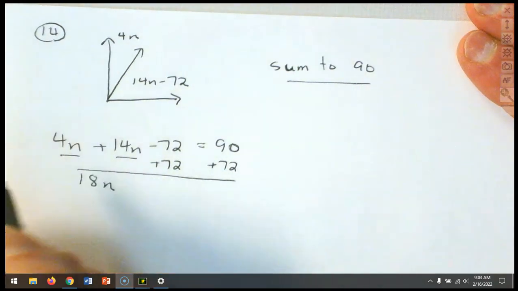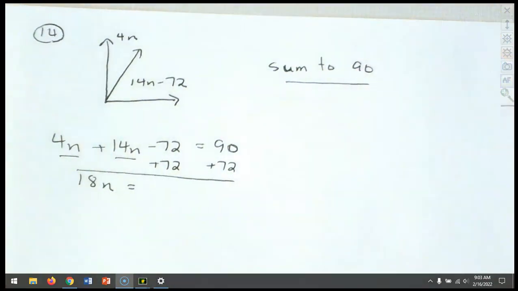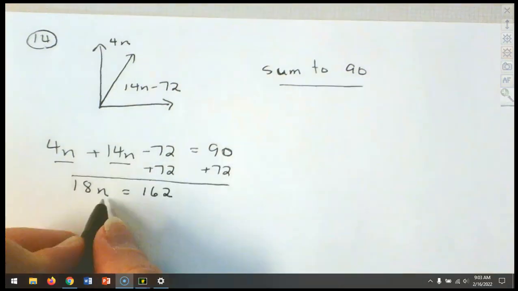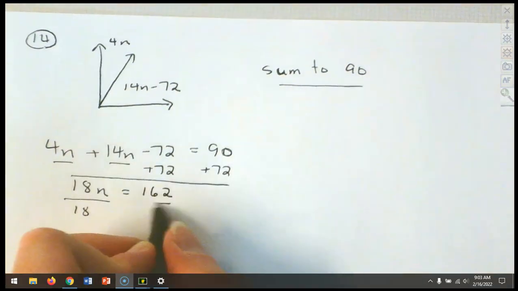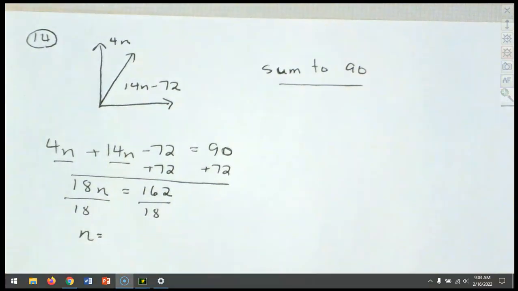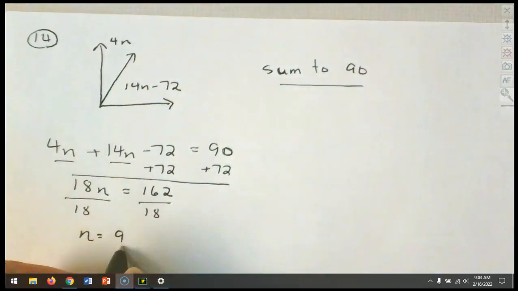And you can do it in multiple steps if you'd prefer. I'm going to go ahead and add that 72 over. And that gives you a 162. We'll divide by 18. And n now equals 9. Okay.